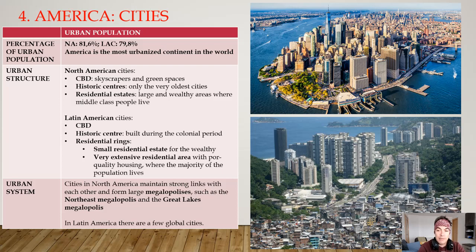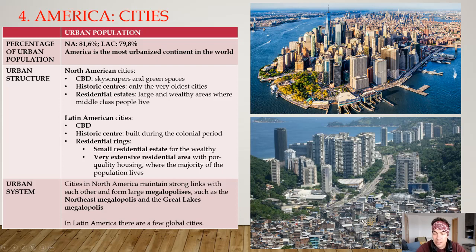And then we have a couple of residential rings around it. First we have a small residential estate for the wealthy people, and then a very extensive residential area with poor quality housing, where the majority of the population lives.